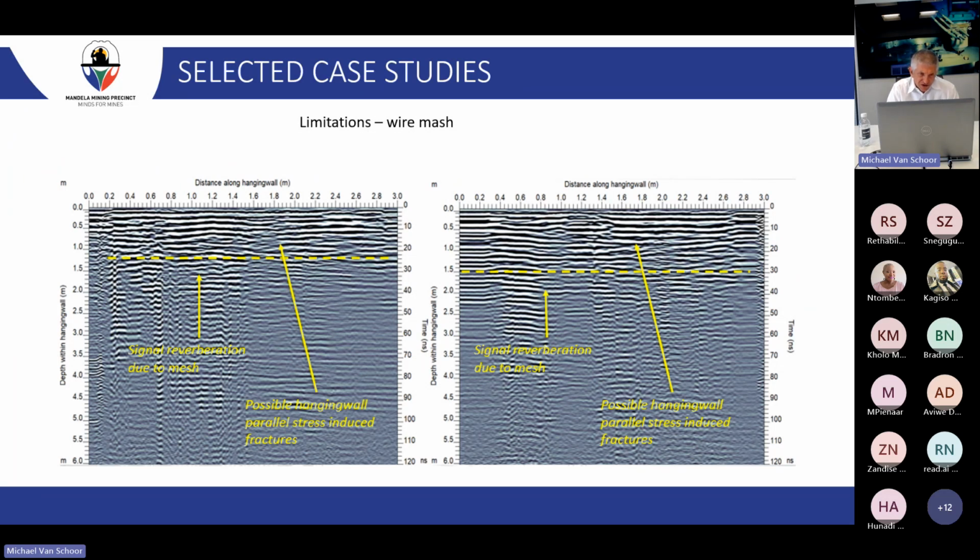So sometimes you do get through, but more often than not, you see these horrible signal reverberations and ringing in your GPR data that often mask any signals from useful geological reflections deeper in the section.